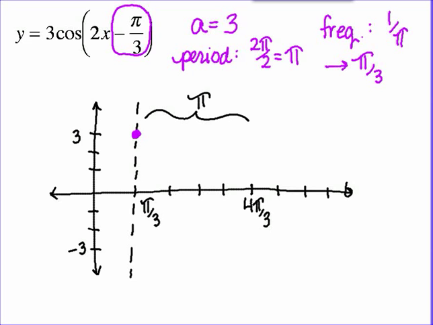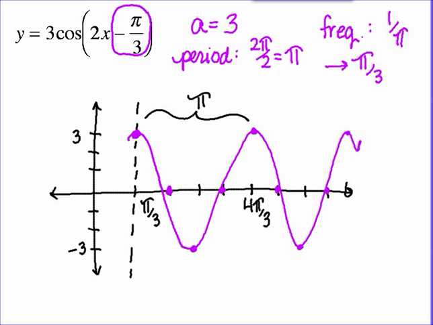Because it's a cosine. Where do I go next? Down, then -3, then up here. So, there's your cosine graph. Oops, I missed that point a little bit. There we go.